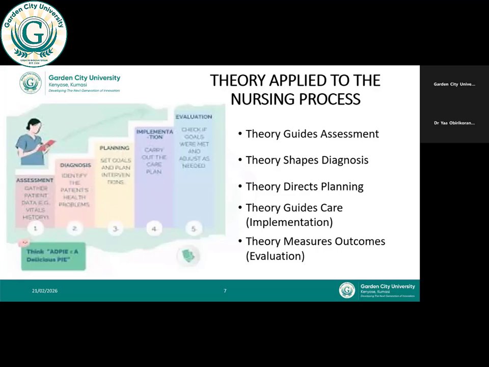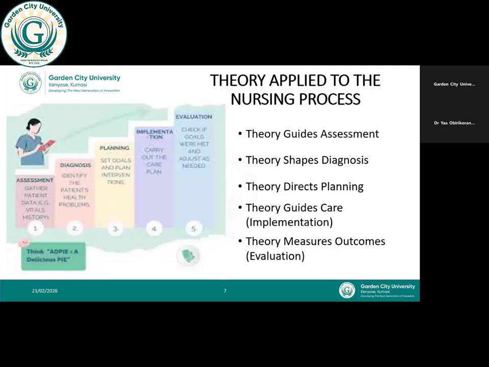You do your evaluation to see whether you're able to achieve that or not. If you're able to achieve it, then yes, you've met your goals. But if you are not able to achieve it, you need to revise. What happened? Where did it happen? Was it at the assessment stage? Didn't I pick up some information that is going to help the patients? Or was it the diagnosis that I made?